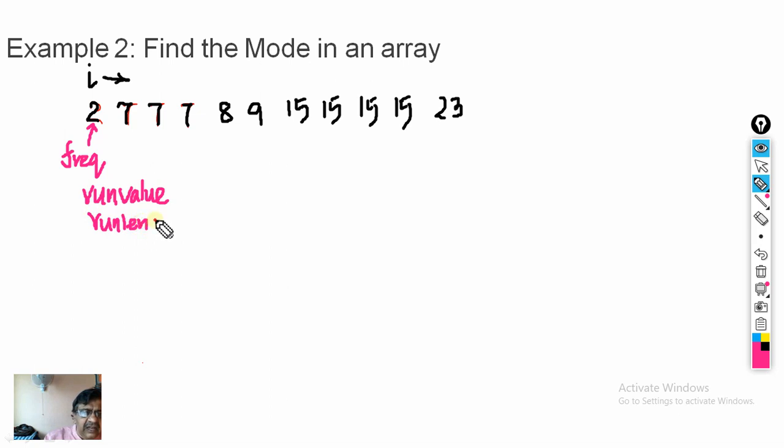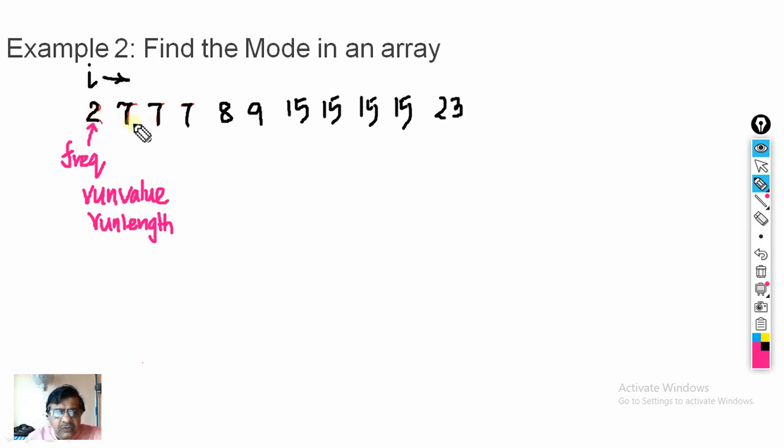With these 3 variables, the algorithm will simply work on a sorted array. Of course, when run value comes over here, it will become equal to 7, and this run value continues for 3 times. Run length is 3. Here run value is 2, run length is 1, frequency is 1.